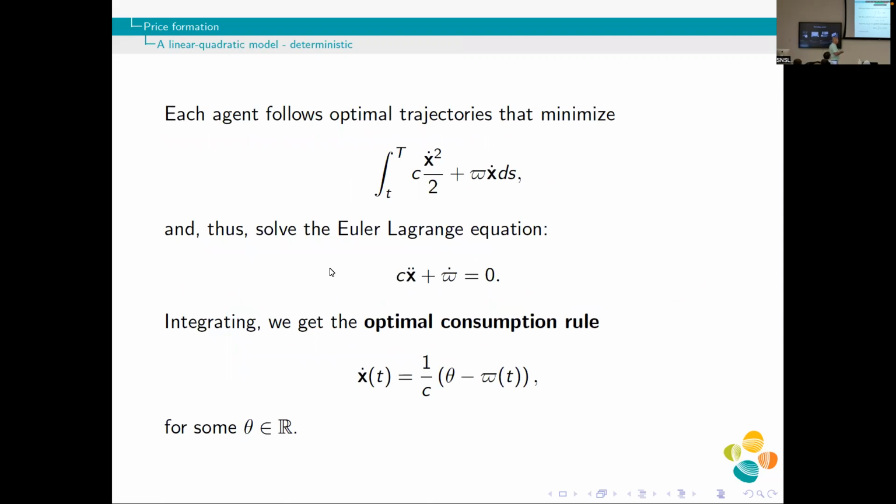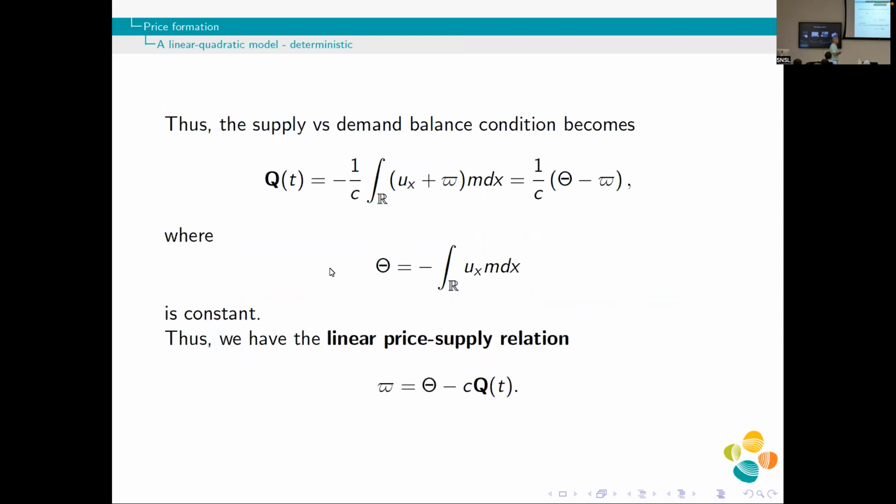But once you have this conservation of momentum, then the supply versus demand condition tells you that there is a relation between price and supply, and in particular, you get this linear price-supply relation. And let me tell you what I read from here. If Q is Lipschitz, then the price is Lipschitz, right?